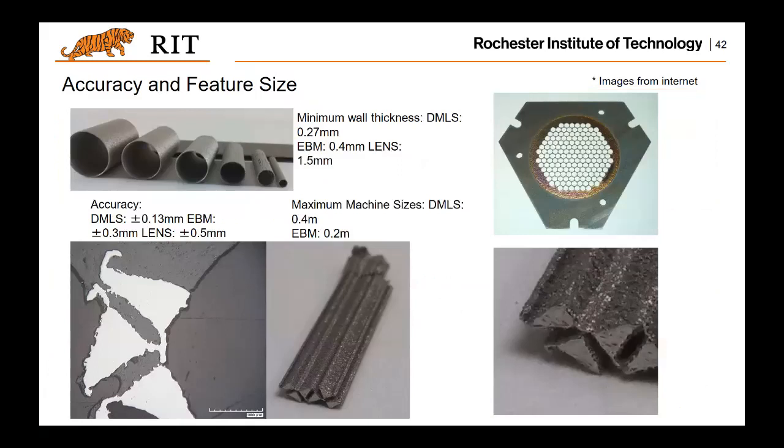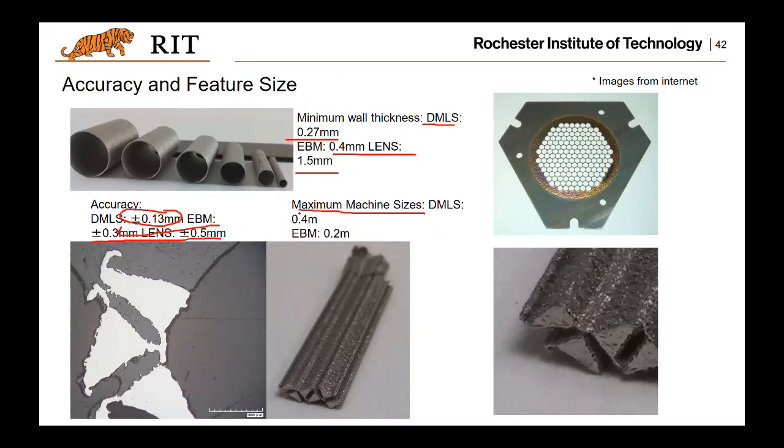For accuracy, DMLS has a 0.27 millimeter thickness for the walls, and the EBM with the 0.4 lenses will give you a 0.5 millimeter thickness for the minimal walls. Apparently DMLS gives higher accuracy. On the other hand, the EBM is relatively inaccurate compared to the DMLS.